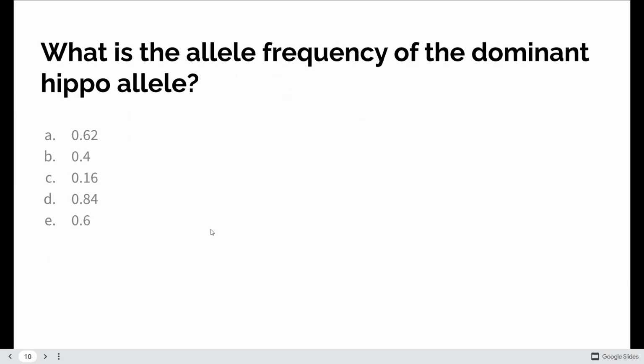So what is the allele frequency of the dominant hippo allele? Let's not forget: we have 200 homozygous dominant hippos, and then 220 heterozygous hippos, and then 80 solid homozygous recessive hippos.